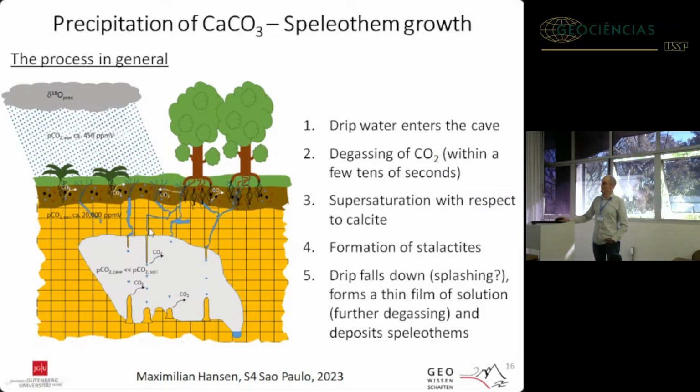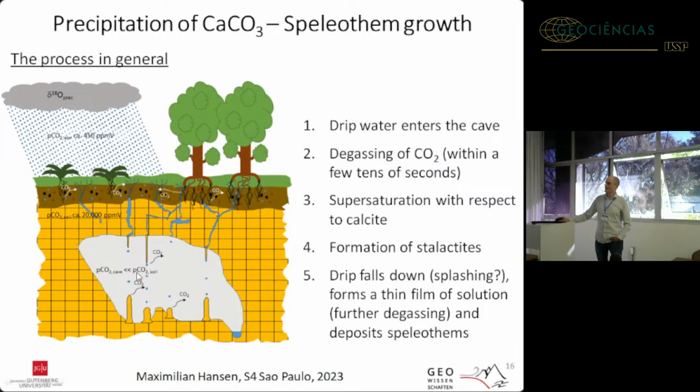If this solution then enters a cavity or a cave system where you usually have much lower PCO2 values, you get the degassing of the excess CO2. And that means the pH value will rise, you get supersaturation with respect to calcite, and then you have the formation of all kinds of speleothems, like stalactites.